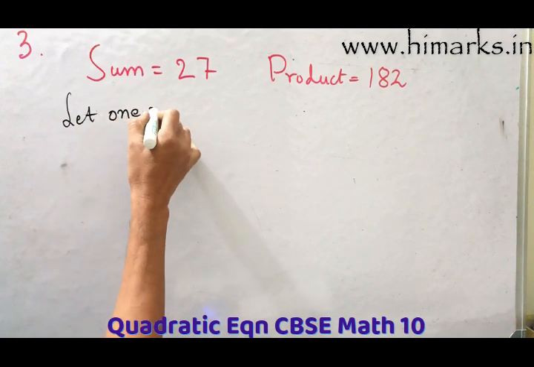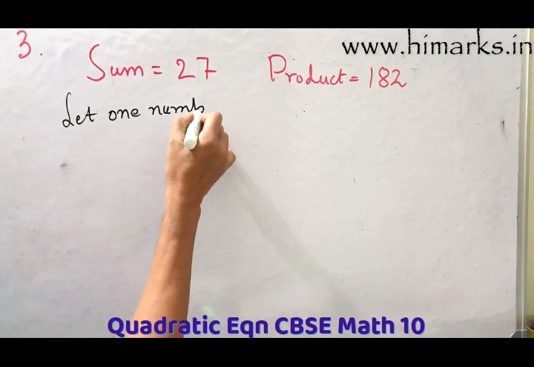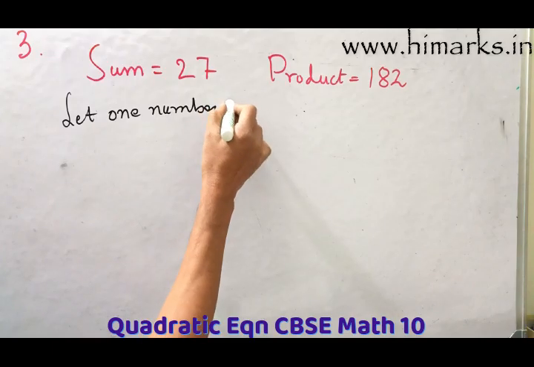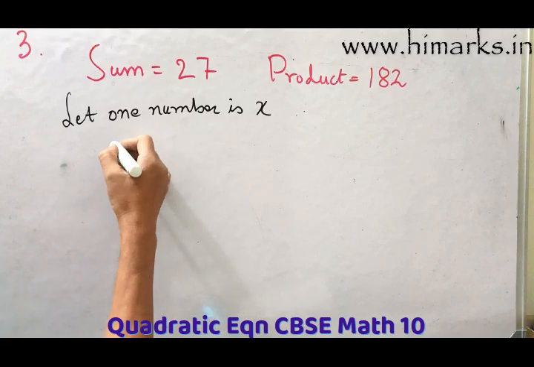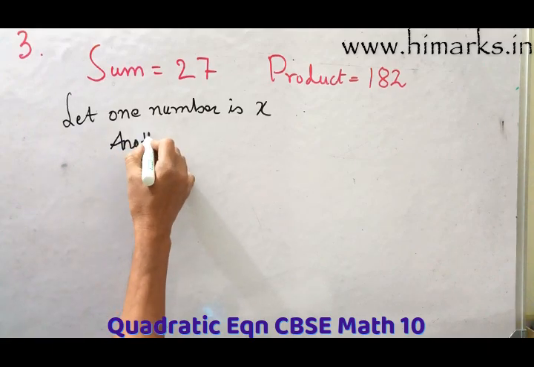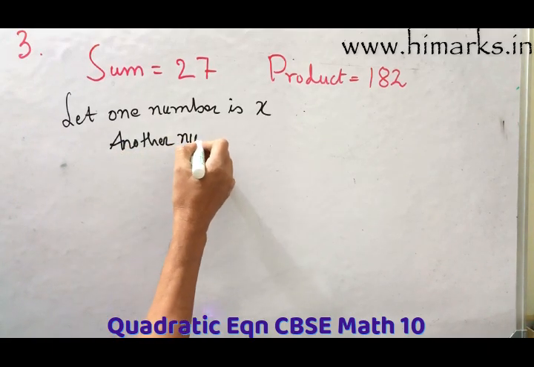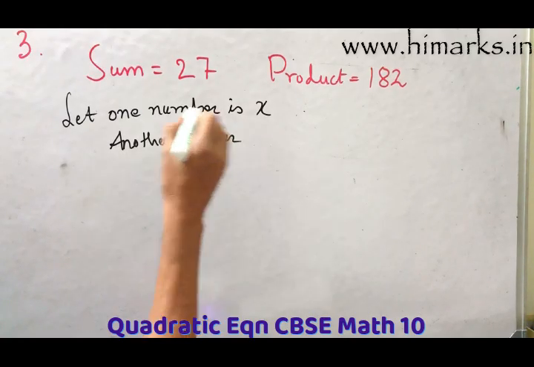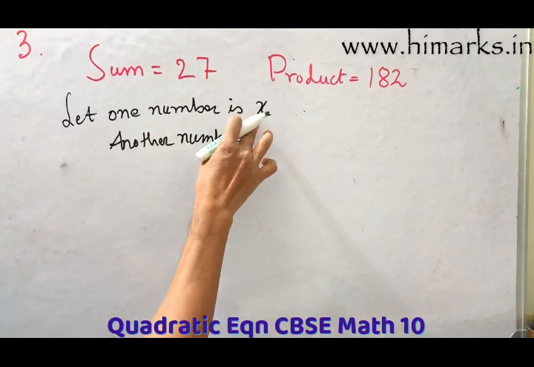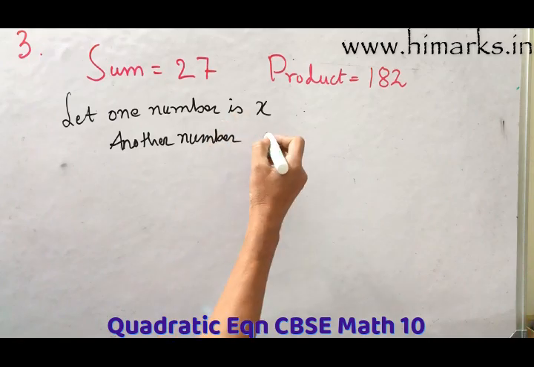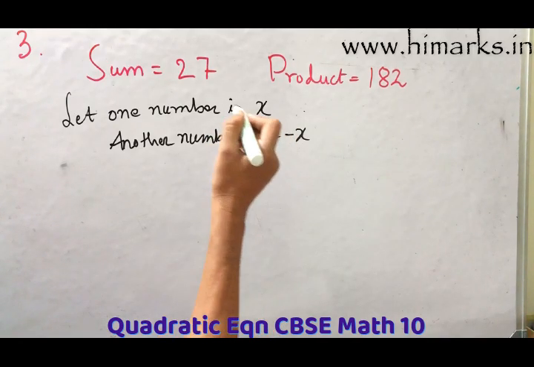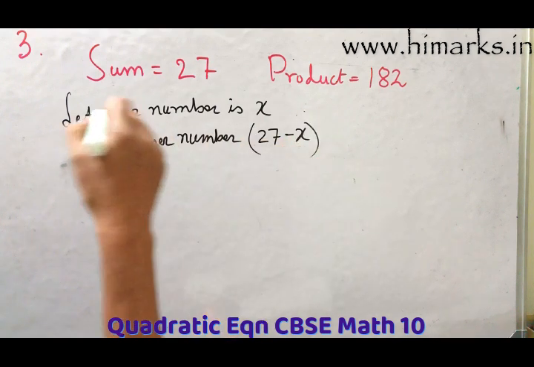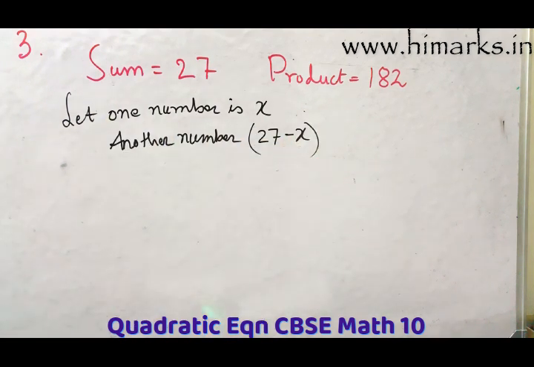one number be x, so the other number will be, if the sum is 27 and one of them is x, the other one is 27 minus x. So if one is x and the sum is 27, the other is 27 minus x.